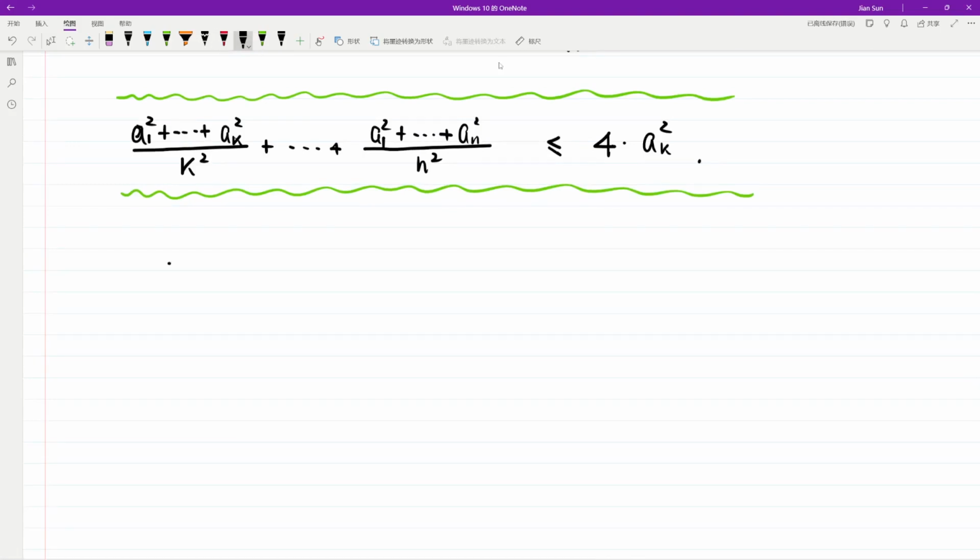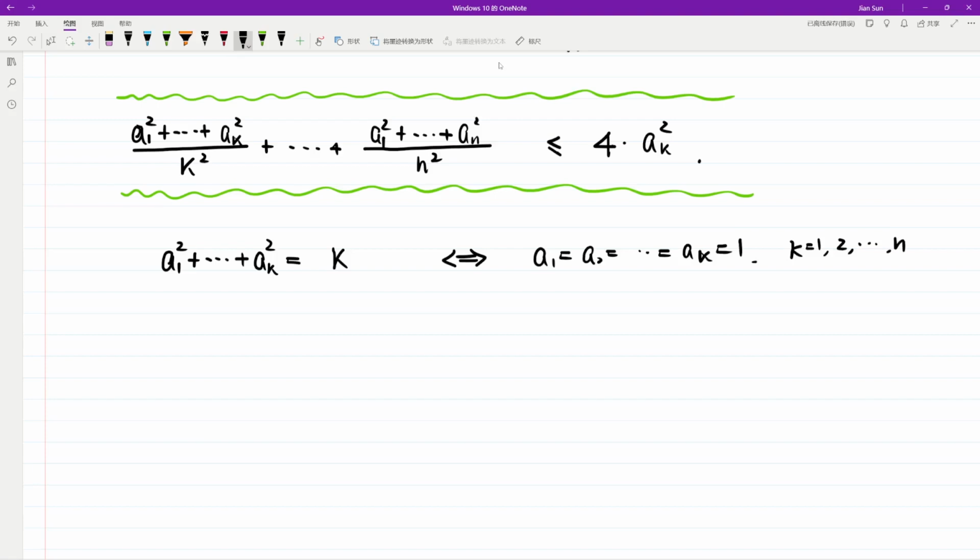So if we can somehow define a1 square plus all the way to ak square, we can let it be, for example, k. And then this is equivalent to saying all a1 equals a2 equals ak equals 1 for every k equals 1 all the way to n.